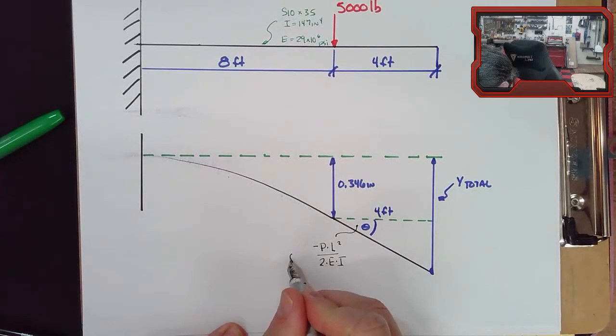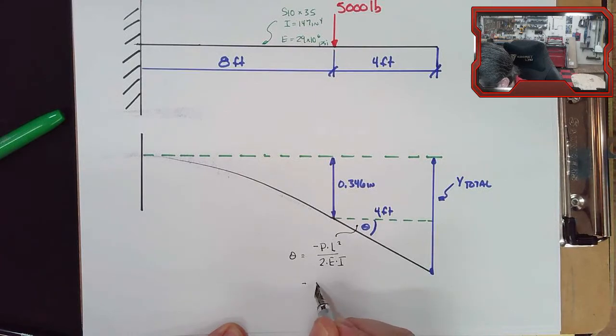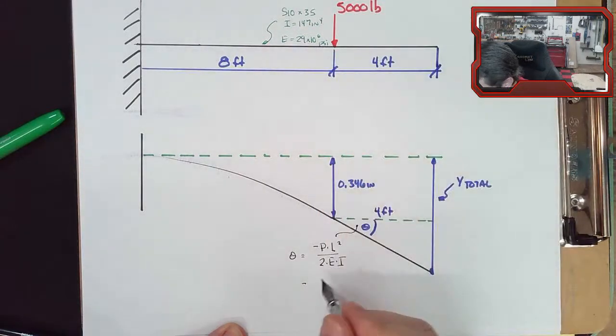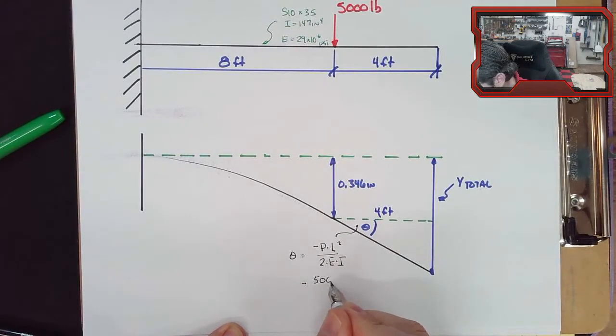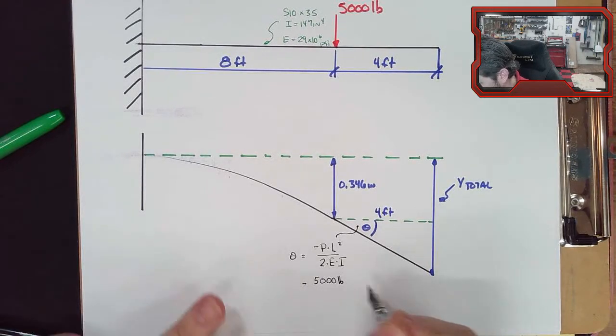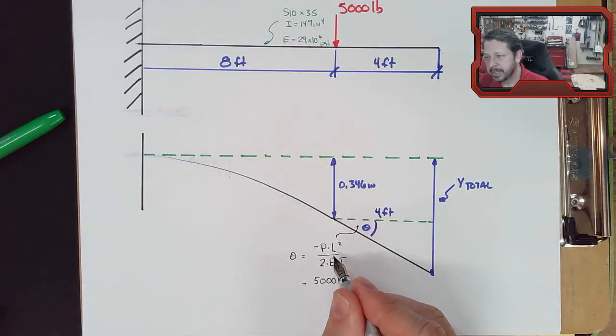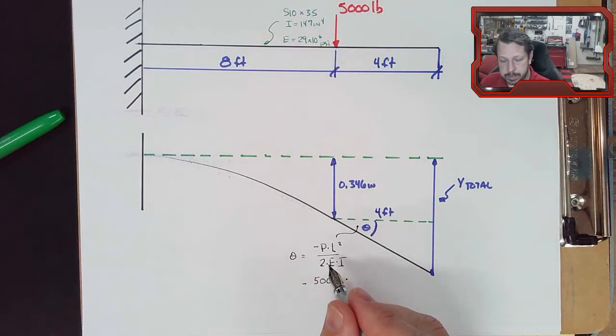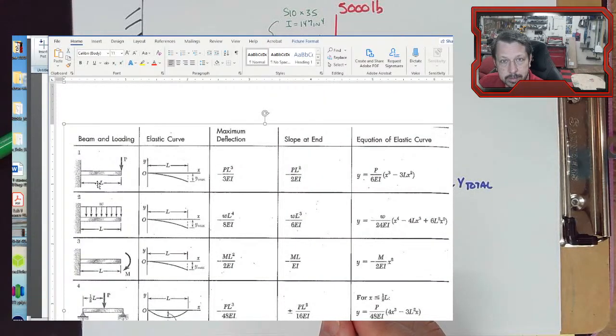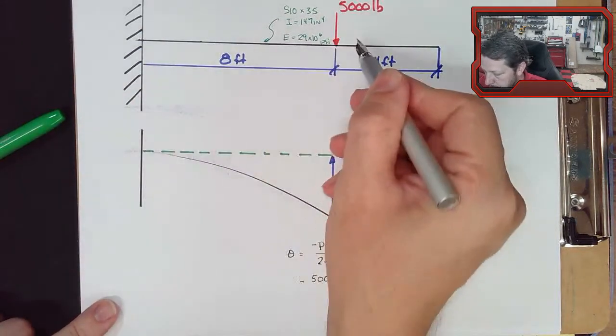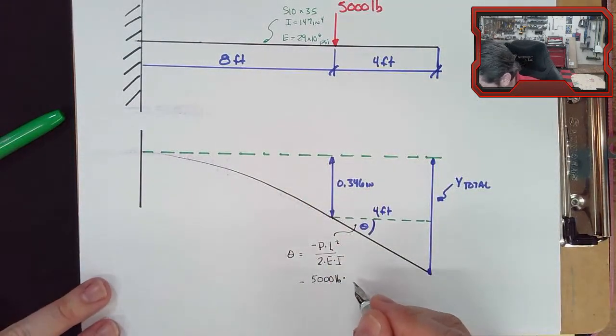Negative, so this is theta equals negative, P is 5,000 pounds. That's the only force we're dealing with. Times this L, which is the L that matches this L in our chart. And that L is shown from the wall to the point load. The wall to the point load is 8 feet.